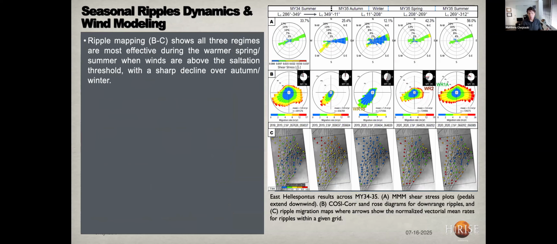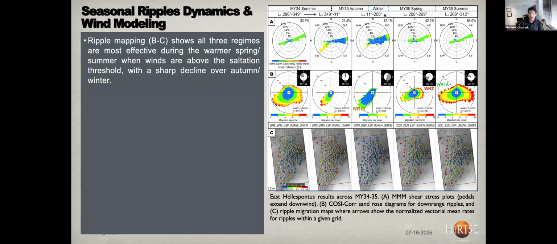Looking at the seasonal ripple dynamics versus the mesoscale modeling, this plot kind of encapsulates a nice comparison. So looking at the plot B and C, that's all ripple mapping from seasonal HiRISE images, where the top row there shows the temporal progression.